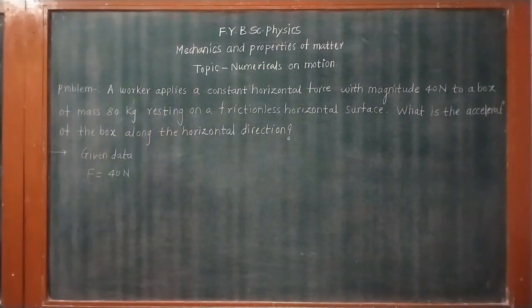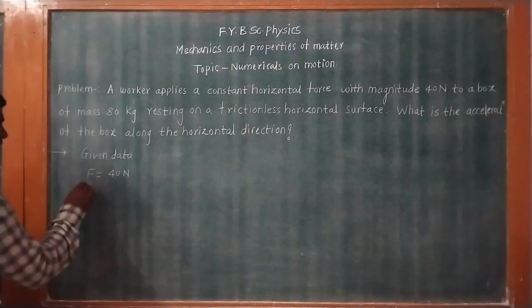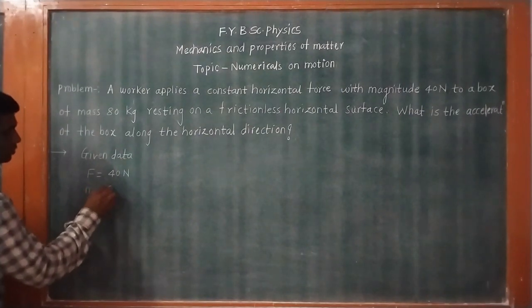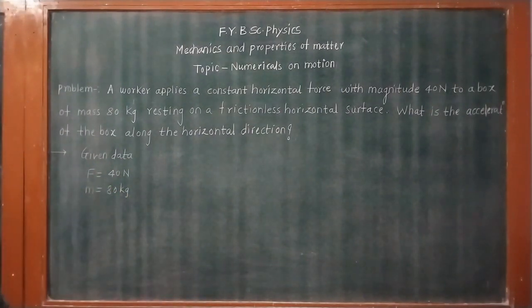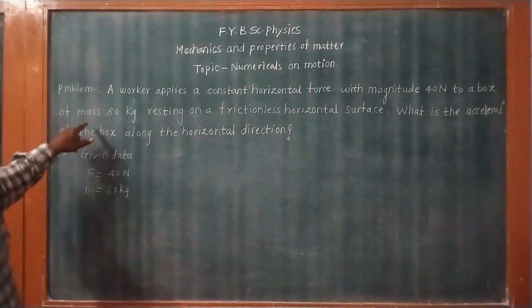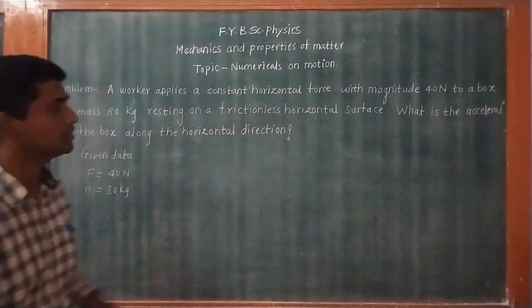And this force is acting upon a box whose mass is 80 kg. So mass of the box is 80 kg. Now this box is resting on a frictionless horizontal surface.